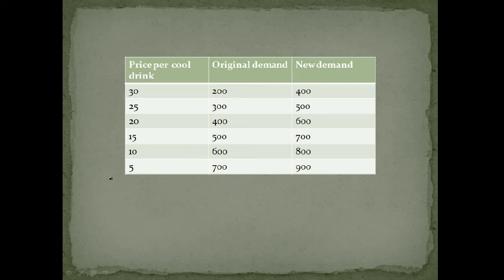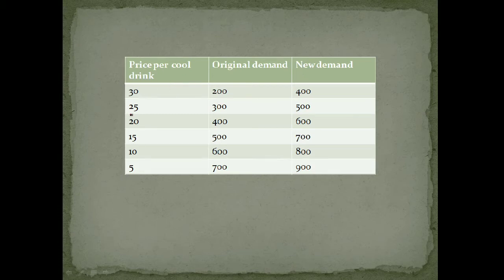Before getting into that, here you can see the price per cool drink. It's 30, 25, 20, 15, 10, 5, and original demand is 200, 300, 400, 500, 600 and 700. Now what is this new demand? For example, it's very hot weather, and so the demand for cool drinks, usually 200 units, changes to 400, but the price 30 remains the same.